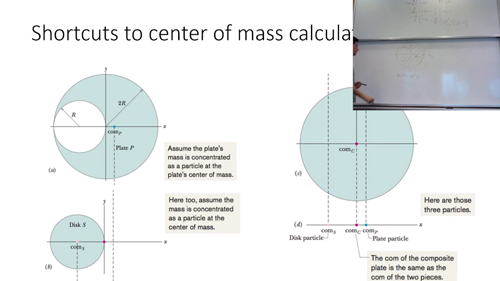So this would be the mass of the thing that's filled in. It's 4 rho pi T r squared. And the center of mass position of that thing would be just equal to 0.